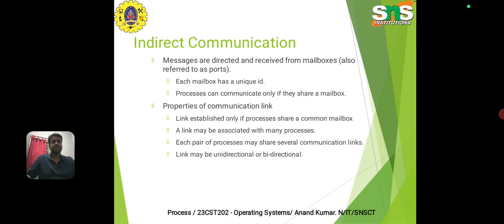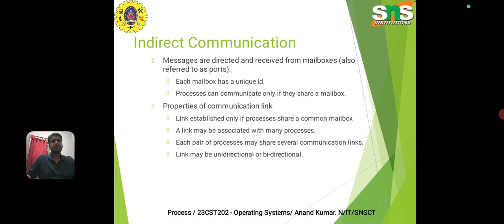In indirect communication, messages are directed to and received from mailboxes, sometimes referred to as ports. Each mailbox has a unique ID, and processes can communicate only if they share a mailbox. Regarding the properties of the communication link, a link is established only if the processes share a common mailbox.